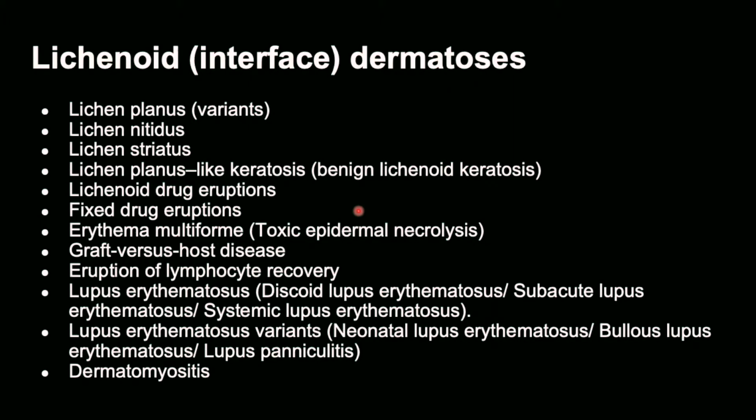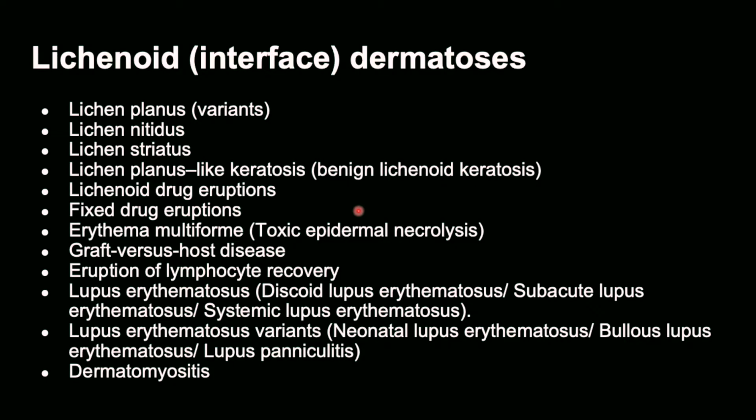Lichenoid interface dermatoses are many, and we will not be able to cover all of them in 20 or 25 minutes, but I would like to give you just the basics as always, and hopefully in the future we can explore more entities, and some of these we will discuss in detail in other chapters.